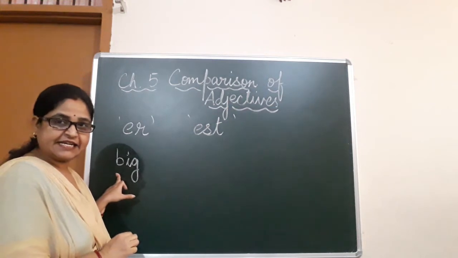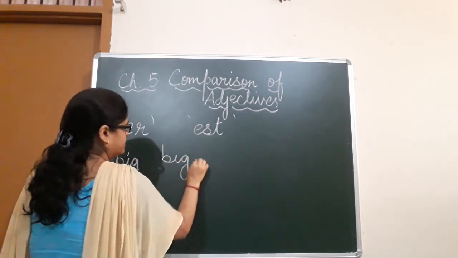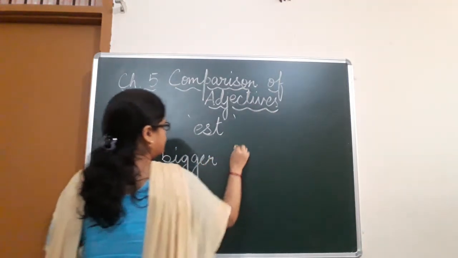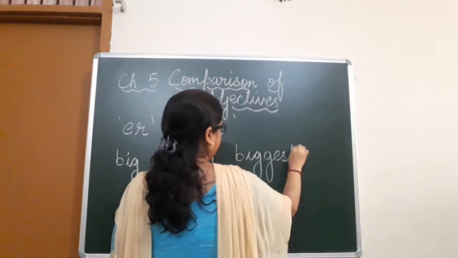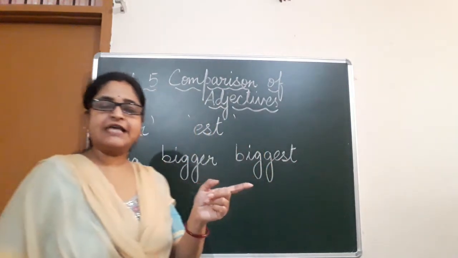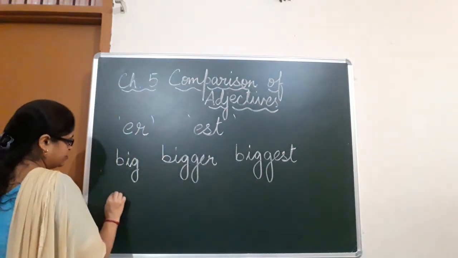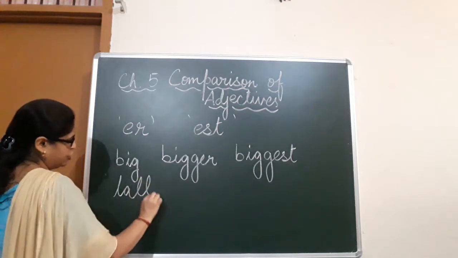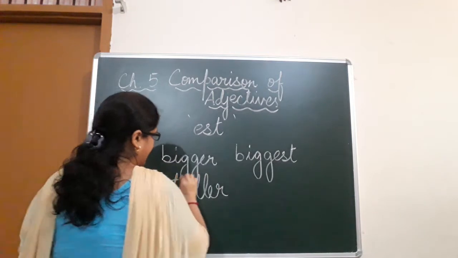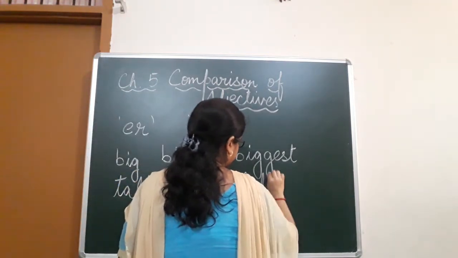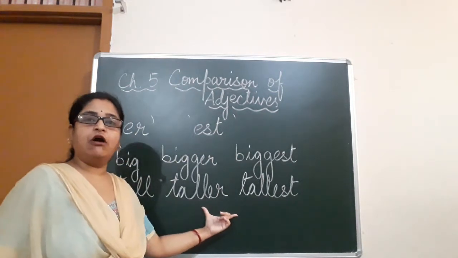Big, bigger, and biggest. Then I gave you the example of my daughter and my husband. In that you can say the words tall, taller, and tallest. This was the comparison of height.